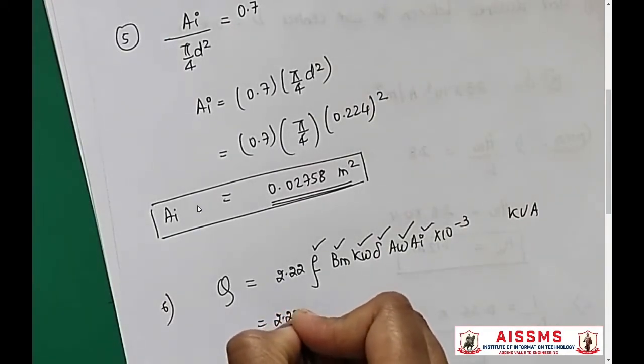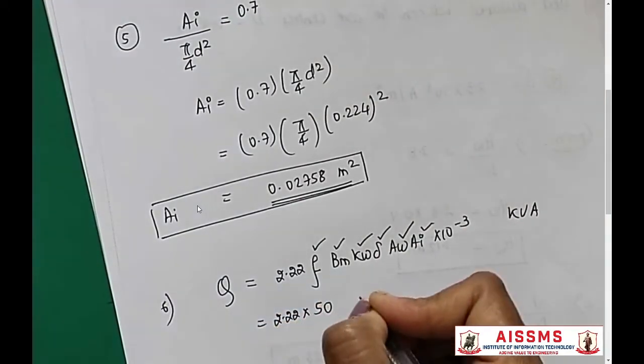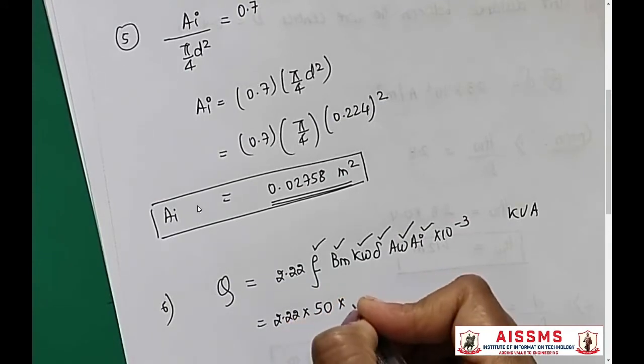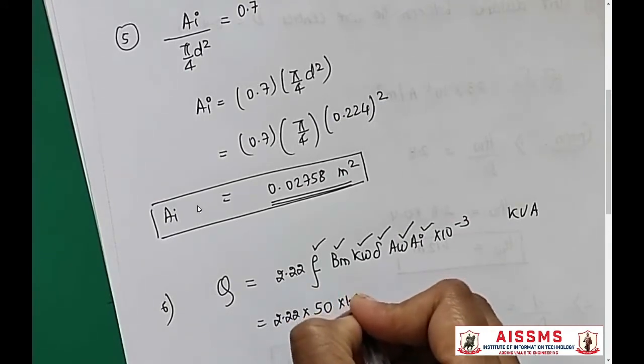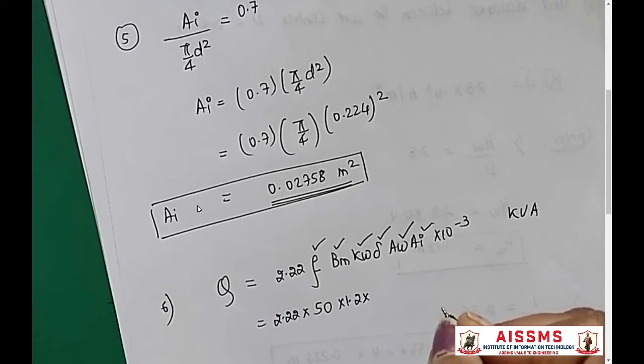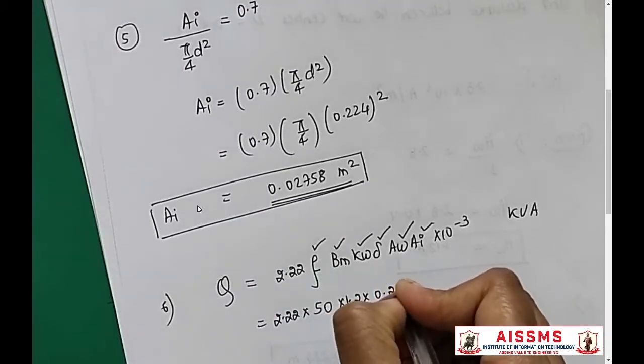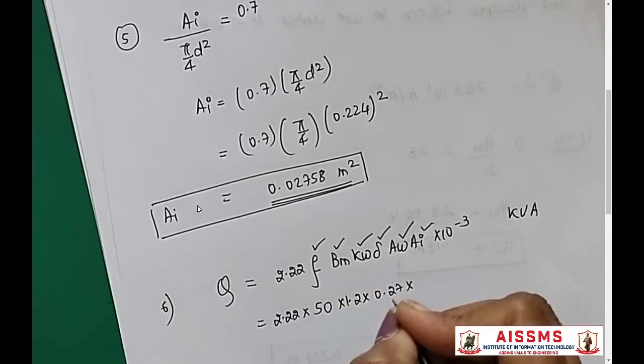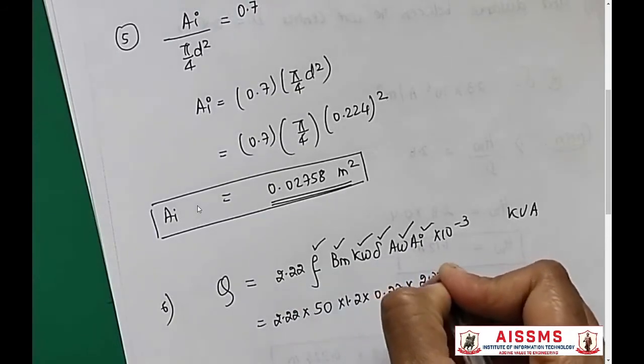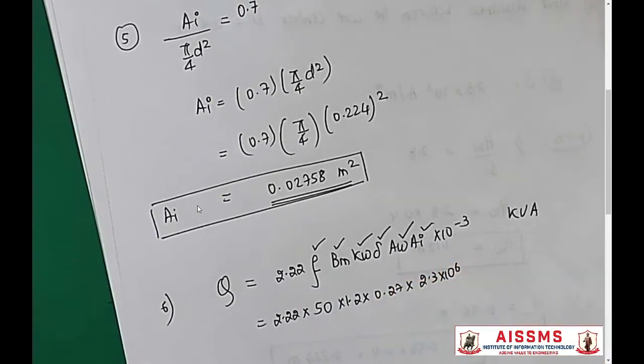So 2.22 into given frequency 50 Hertz. Flux density that they have given is 1.2, which is already in standard units. Window space factor is 0.27. Current density is 2.3 into 10 raised to power 6.